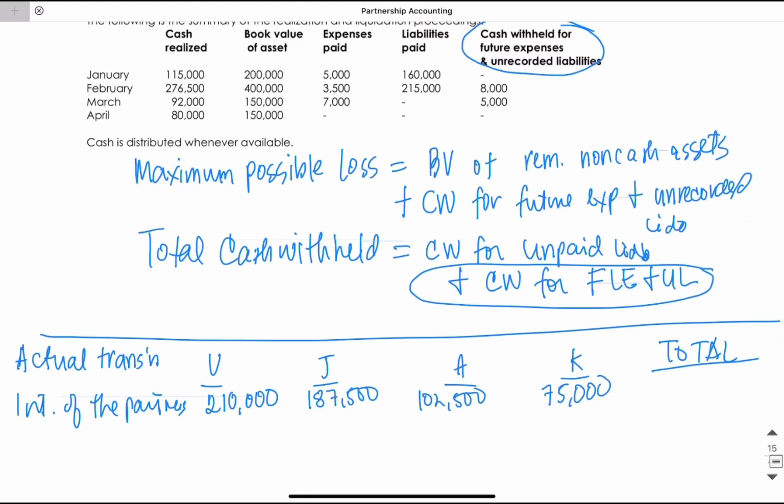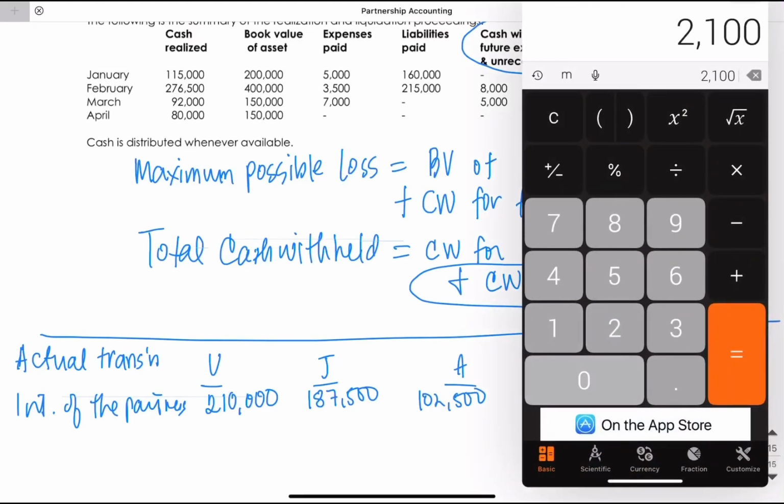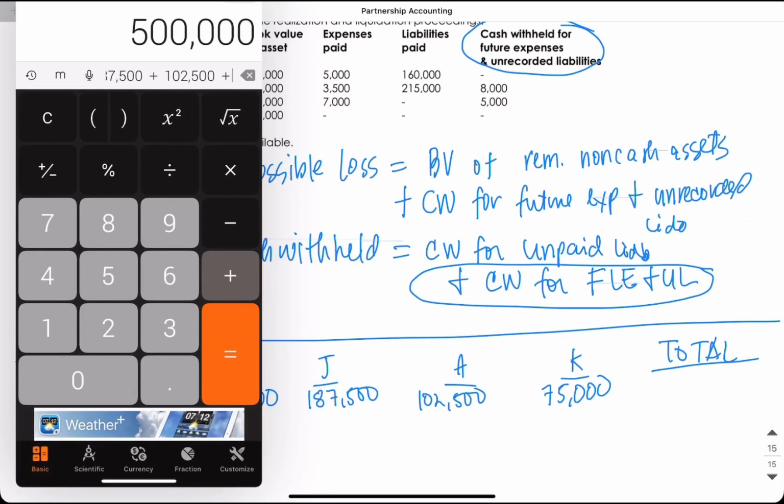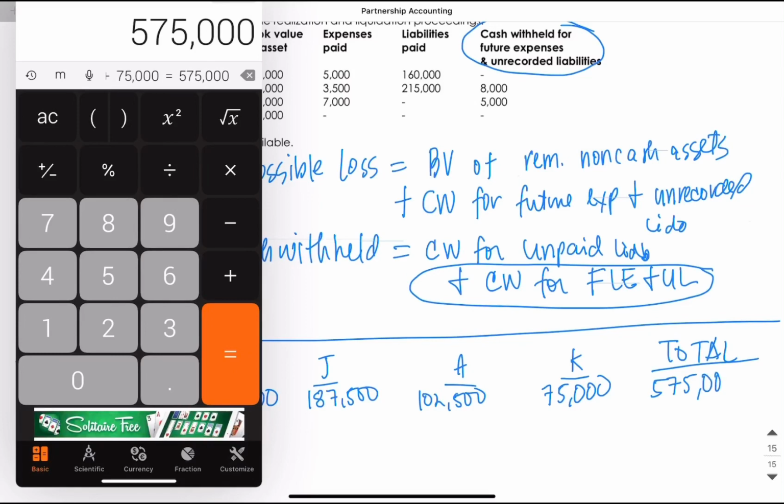So let's compute for the total. 210,000 plus 187,500 plus 102,500, and lastly plus 75,000. So this is 575,000 in total.